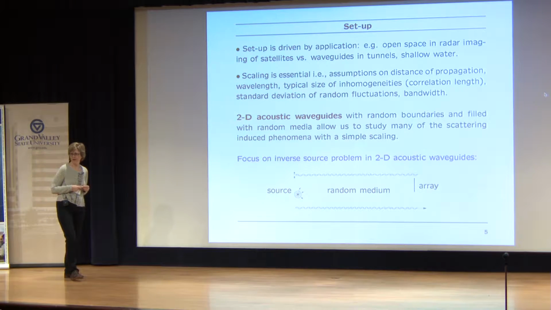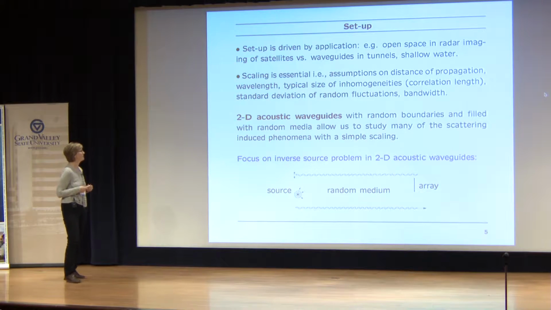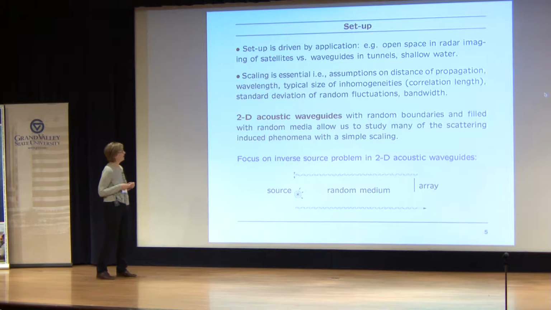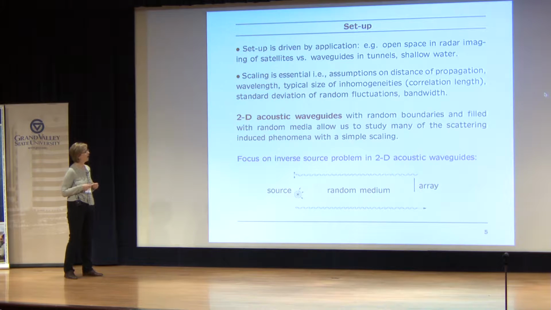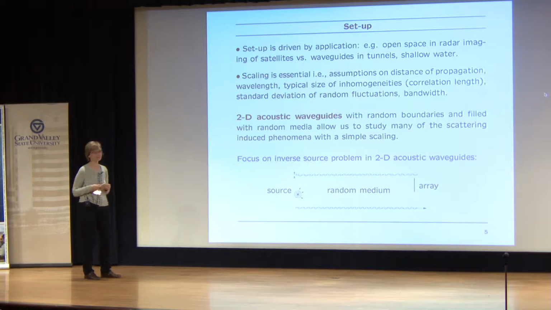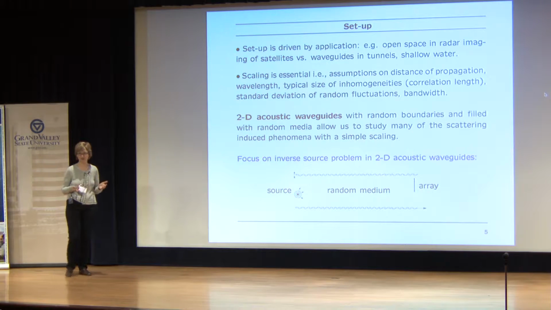And also, in these problems, there is a very important aspect which has to do with scaling. What scaling means is that we need to know from the beginning what are the relations between the important scales in the problem. The scales are the distance of propagation of the waves, the wavelengths, the typical size of inhomogeneities, which is typically called correlation length, the standard deviation of the fluctuations, the bandwidth, and so on.